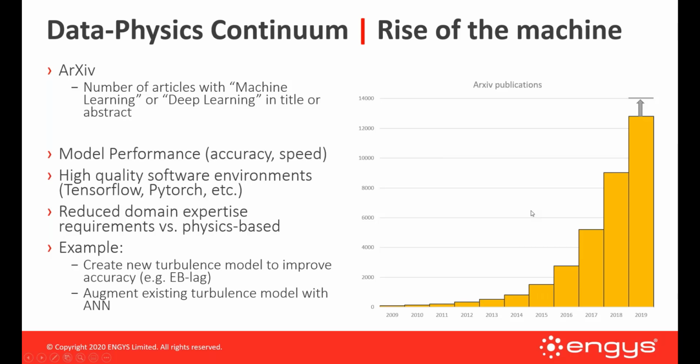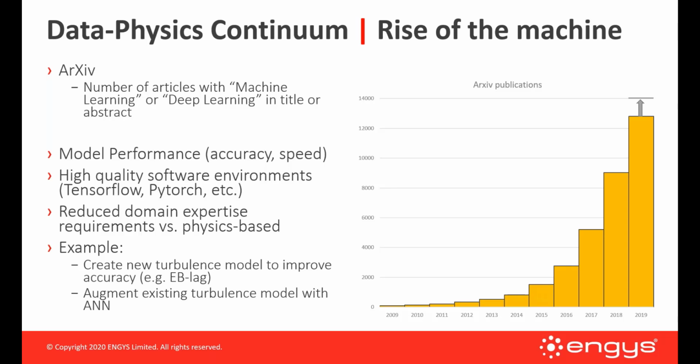As I mentioned before, neural networks, artificial intelligence, and deep learning have actually blossomed in the last few years. Probably many of you here are actually working in the field and are well aware of this. I did a little search on arXiv, just looking for the keywords machine learning and or deep learning in the title or abstract.